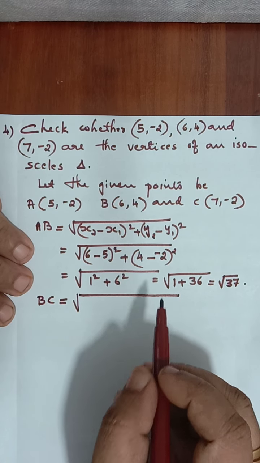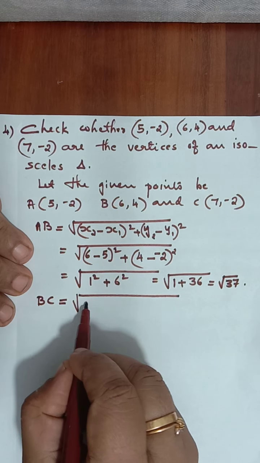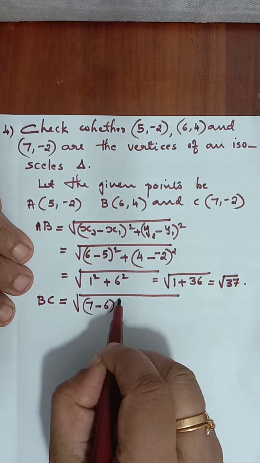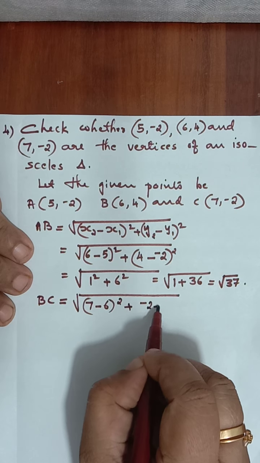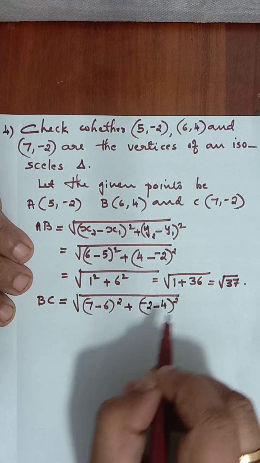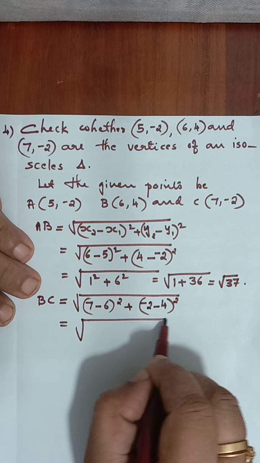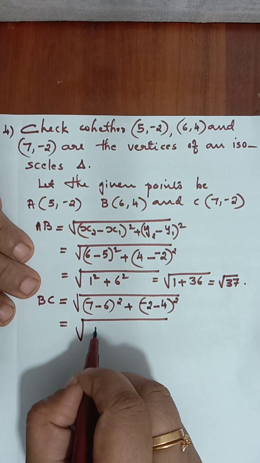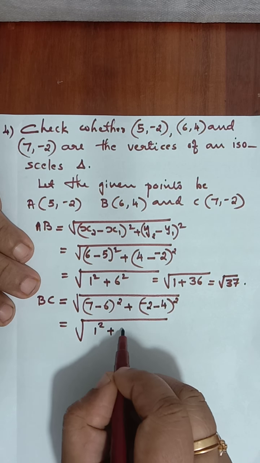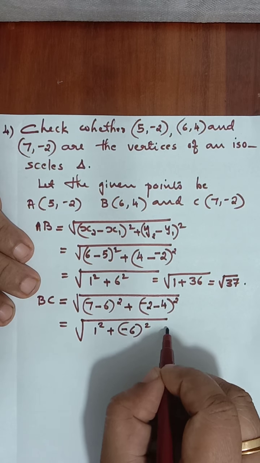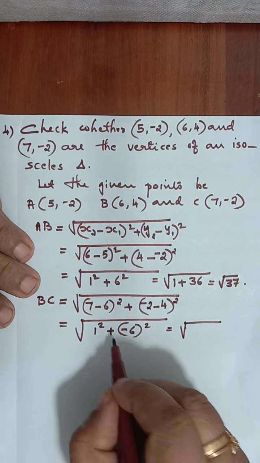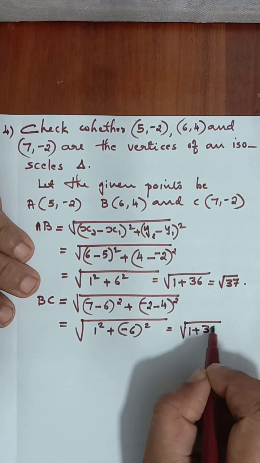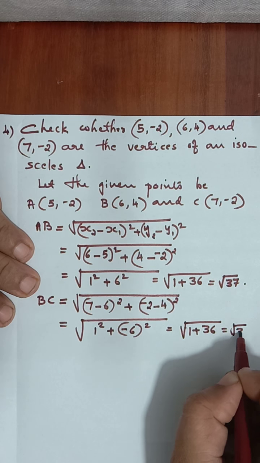Similarly, let us find out what is BC. Under the square root we have BC. x2 minus x1 whole square plus y2 minus y1 whole square. While copying the numbers, don't change it. 7 minus 6, 1 square plus, this is also -6, the whole square we can see. This is 1 plus 36 again equal to root 37.